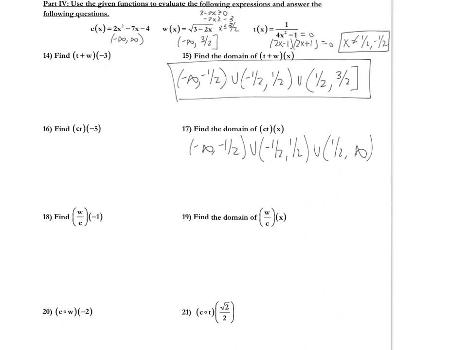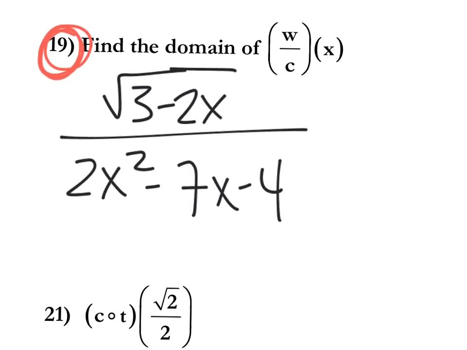Okay, guys, last one I want to talk about here is number 19. Finding the domain of W over C of X. So that means that I'm taking my W equation, which is the radical 3 minus 2x, and I'm putting it over the C equation, which is 2x squared minus 7x minus 4. And so first of all, what I want to do for that is notice that I think the denominator is going to factor down here.